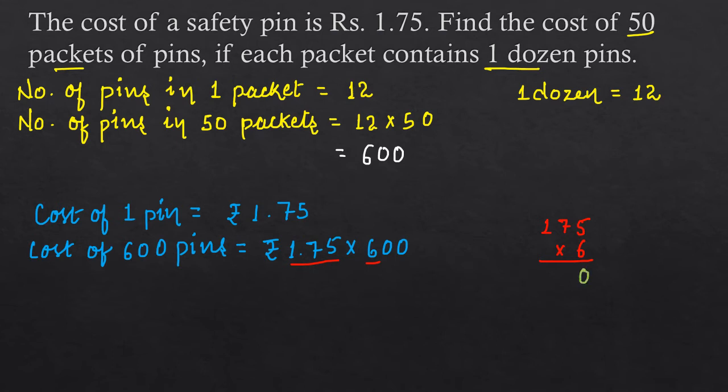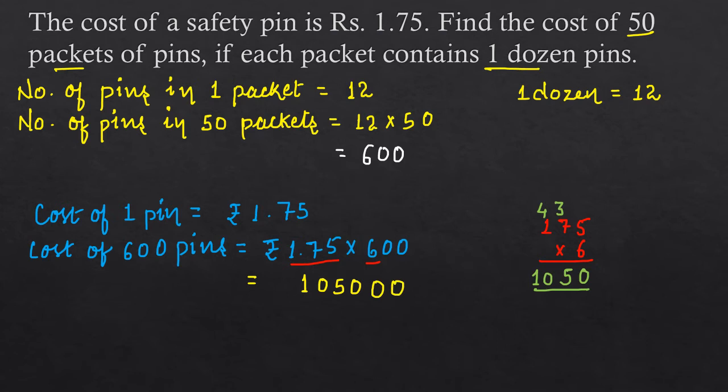Put 0 here. 3 will be carried. 6 sevens are 42. 42 and 3, 45. 4 will be carried. 6 ones are 6 and 4, 10. 1050. So here we got 1050. Now two zeros are still left. So we will put these two zeros afterwards.